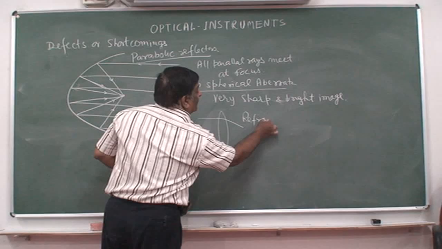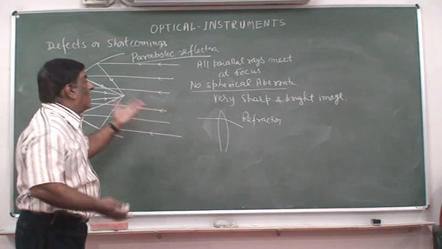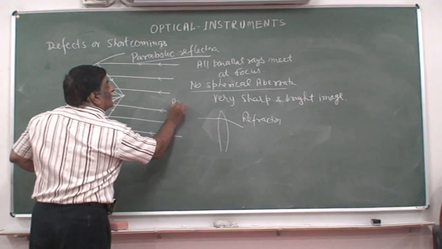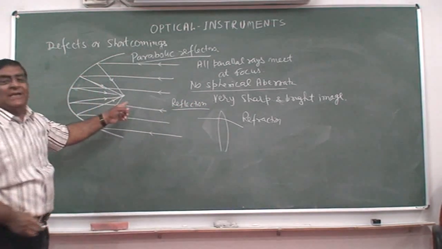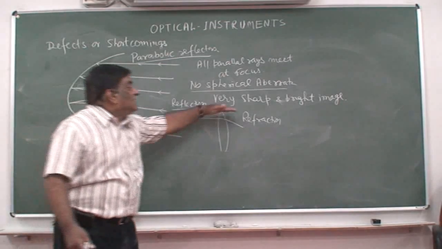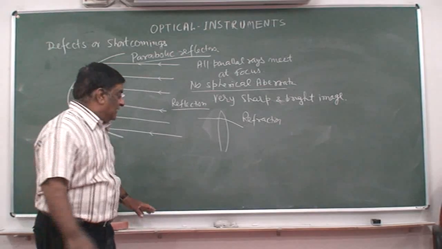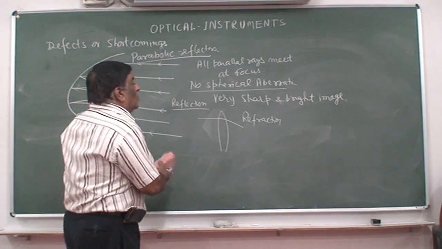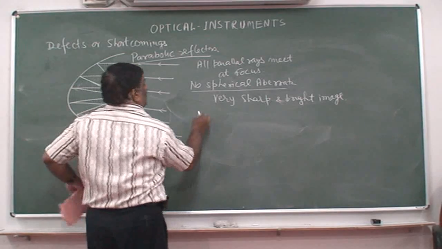And here there is no refraction at all. This is the phenomenon of reflection. And if there is no refraction at all, there is no question of separating the different colors. So that is automatically gone with the construction. So there is no chromatic aberration because of reflection.